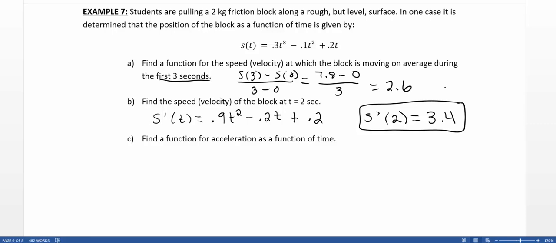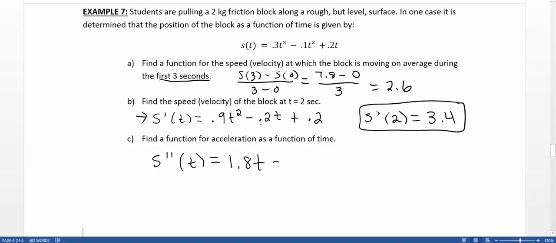Part C. Find a function for acceleration as a function of time. As a reminder, acceleration is the derivative of velocity, or what's called the second derivative of position. So if we take the next derivative, which is the derivative of velocity, we can find the function for acceleration. The 2 will come down and multiply the 0.9, giving me 1.8 t.